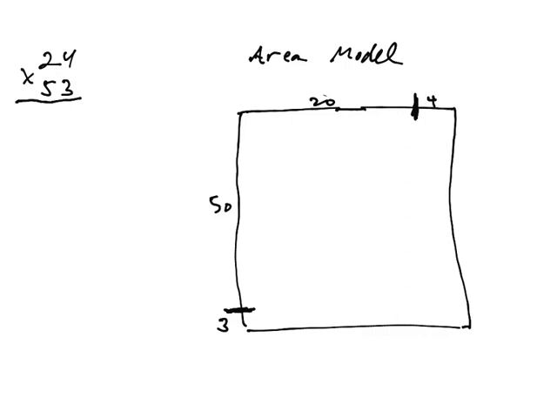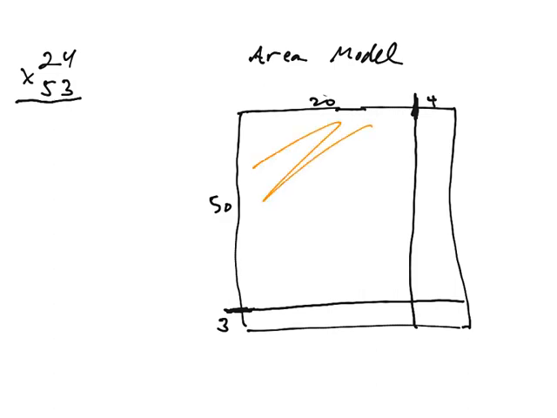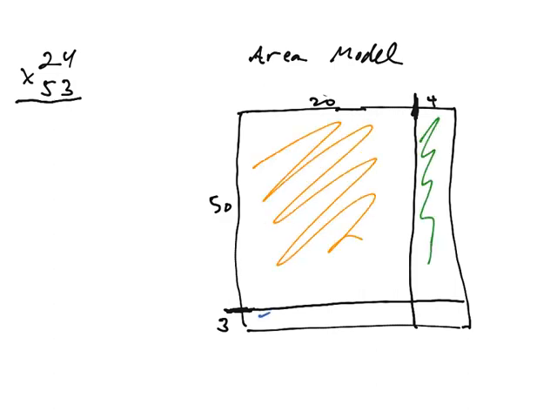But these two markings allow me, if I draw a horizontal line here and a vertical line here, it lets me split up that rectangle into 4 rectangles. And if I can get the area of each of those rectangles individually, the sum of them will be the answer.